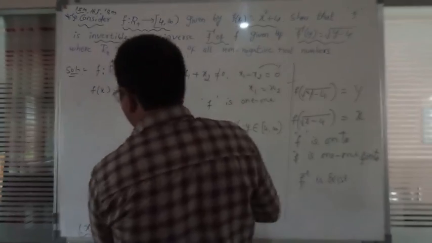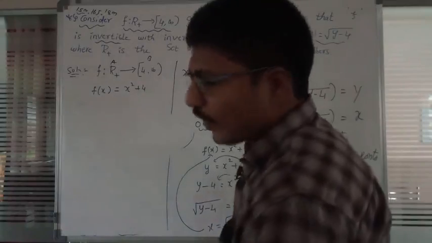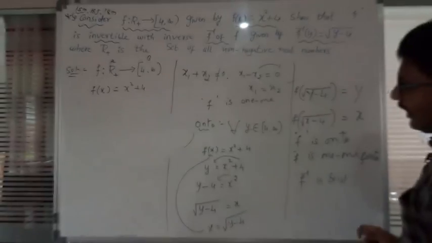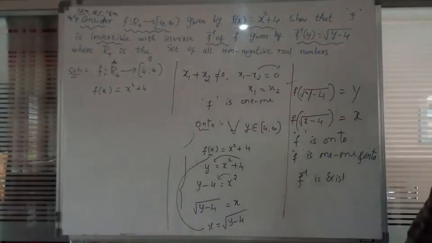The procedure followed here, we already did in the onto function procedure. Already we did in the onto procedure. This procedure, as you keep it, is the f inverse.